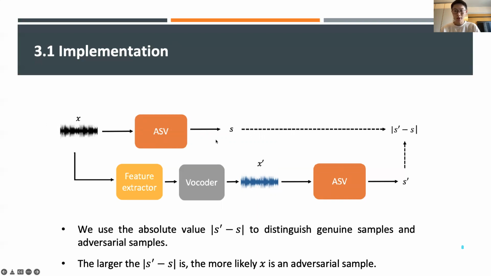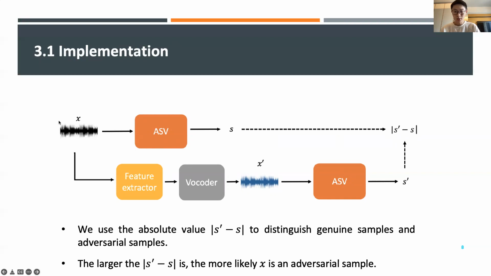In the upper path, the ASV will output the score S, and in the lower path, X will pass through the feature extractor and the vocoder to get the resynthesized audio X delta, and X delta is fed into the ASV to get another score, S prime. Finally, we get the absolute value of S prime minus S.